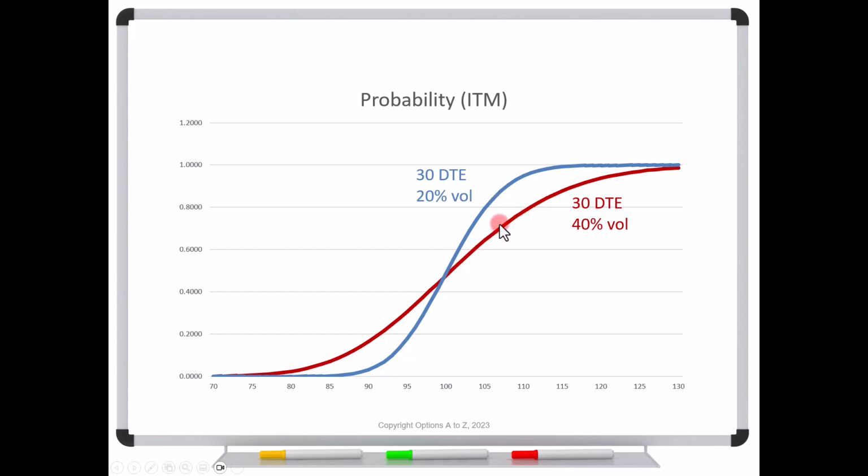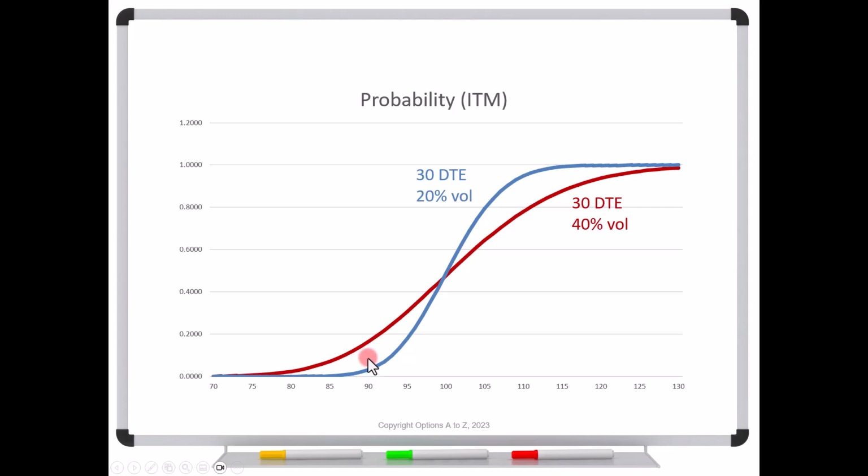And that's why the red curve sits below the blue for all of the in-the-money positions. Again, that's where the stock is above 100, but the red curve sits above the blue for out-of-the-money positions. So if the stock is down here at 90, yeah, your 20% stock has not much of a chance of going in the money.